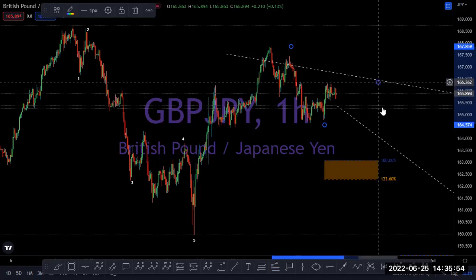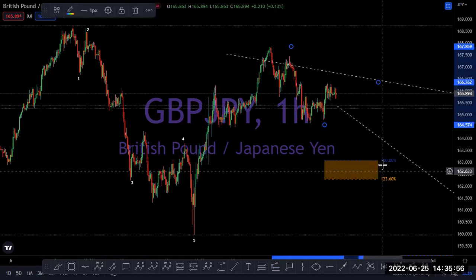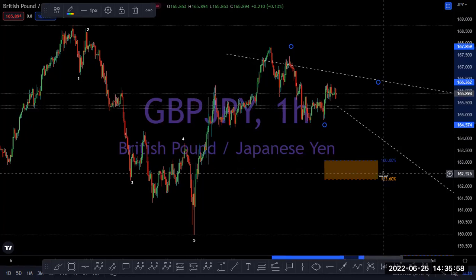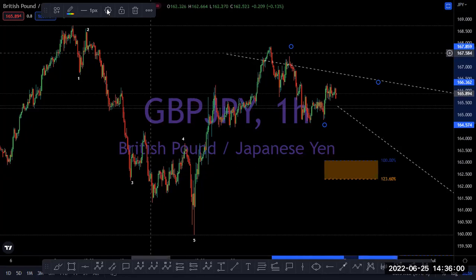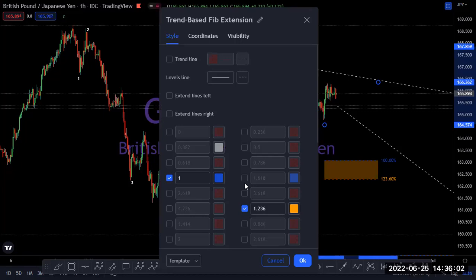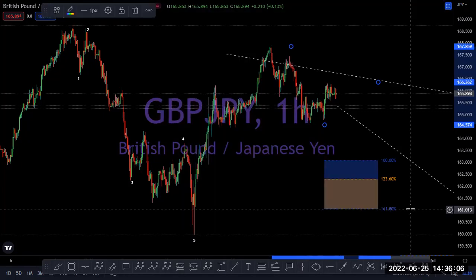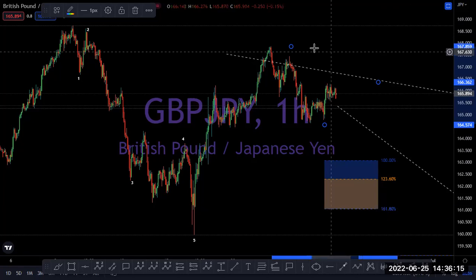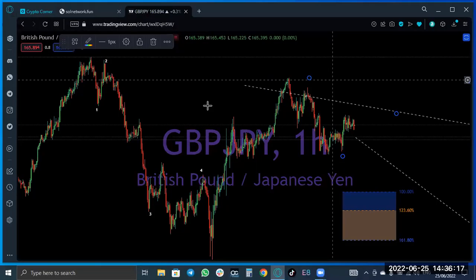It may end between 163, 162, or 160. It may just make a little one, which may end on 160, 161, and begin to go up. So check well before you buy or sell. Don't just jump in.